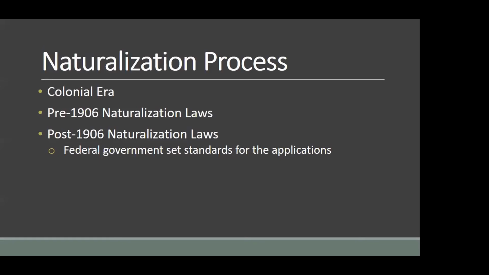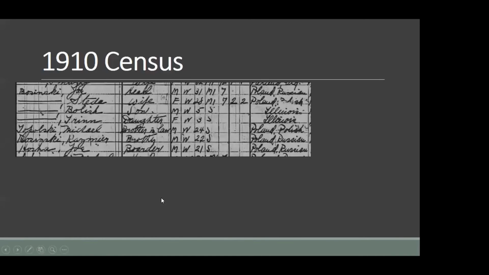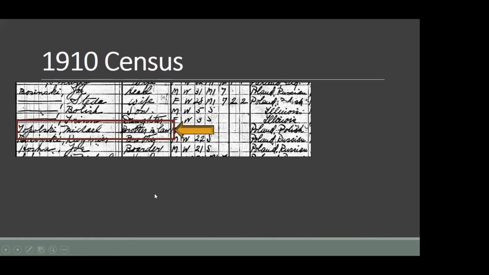One of the best ways for you to start discovering immigration and naturalization details in the post-1906 era is actually the U.S. Census. Here we have an example in 1910 in which, living on Fruit Street in Chicago, we have a Michael Tapolsky, who is the brother-in-law, according to the census, to Joe Bozensky.